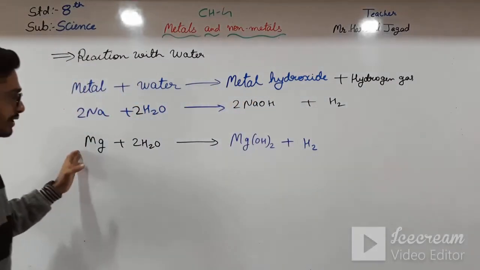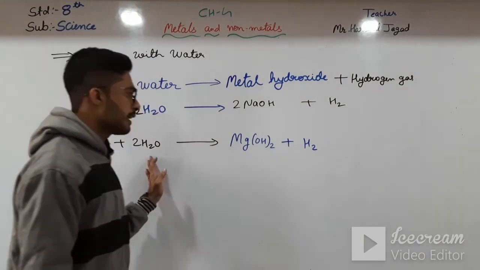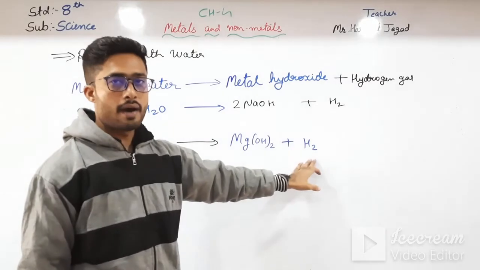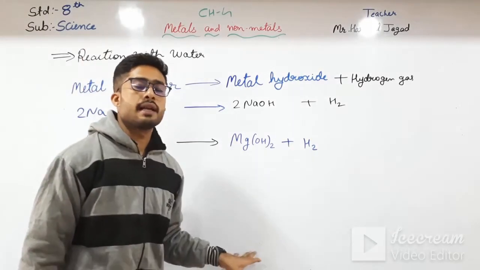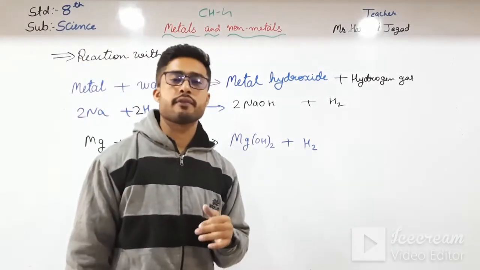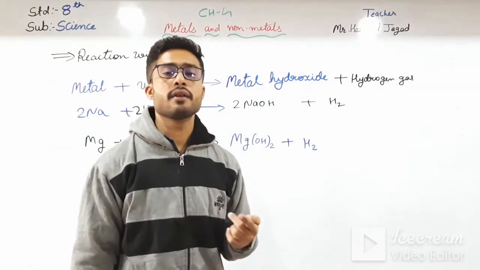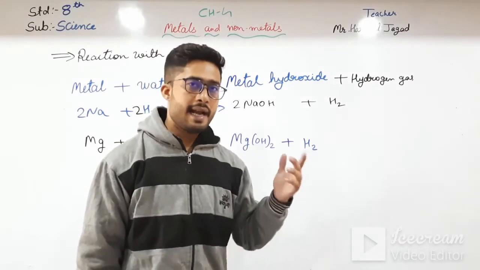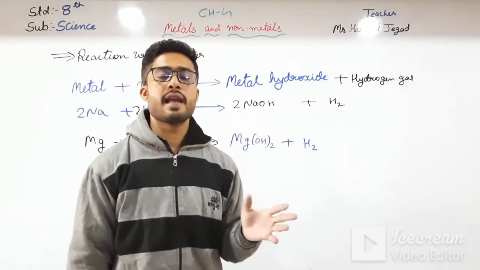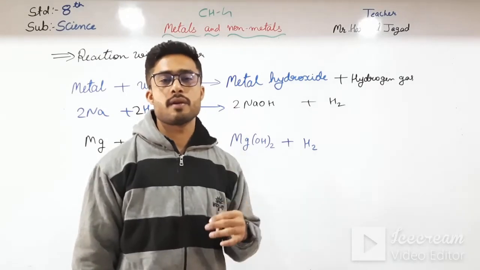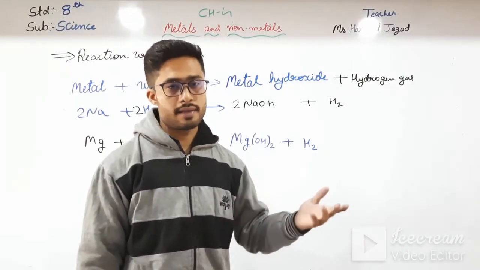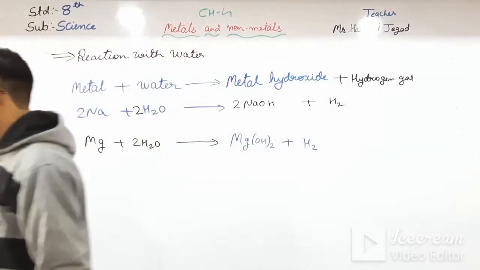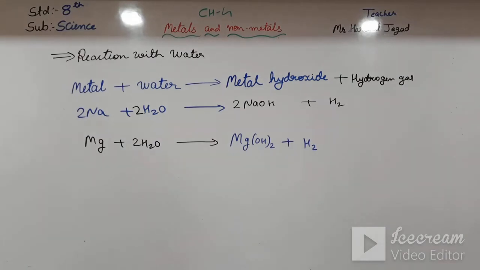When magnesium reacts with water, we get magnesium hydroxide plus hydrogen gas. And we know that there are some metals which do not react with water. They are copper, silver and gold. And any of the non-metals do not react with water to form non-metal hydroxide. Okay students, so here we have completed our topic, and our next topic is corrosion. Let us see that.